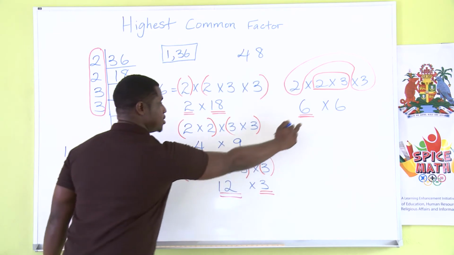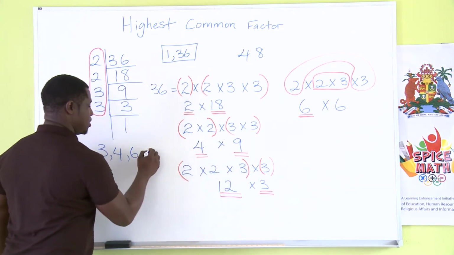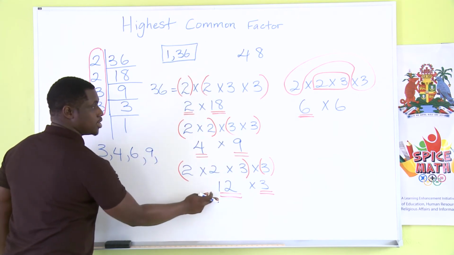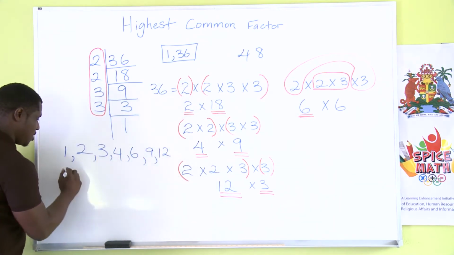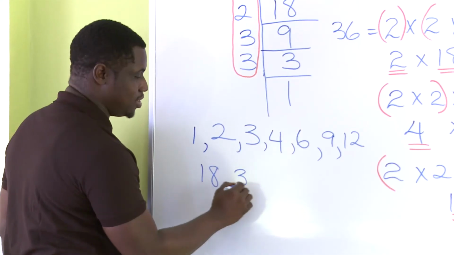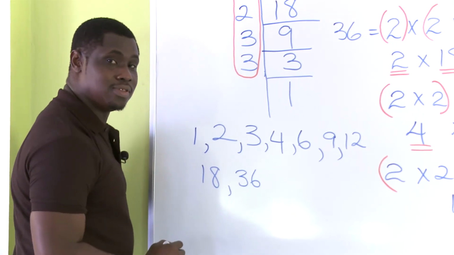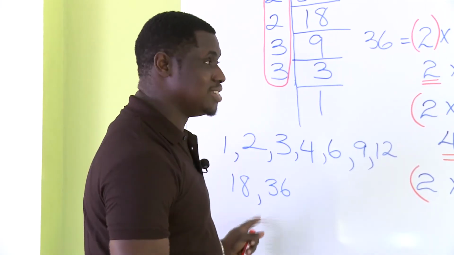Then I can go now to 6. Then I go to 9. I go now to 12. Follow me. We now have 18. And the final factor of 36 would be itself, 36. These are the factors of 36.